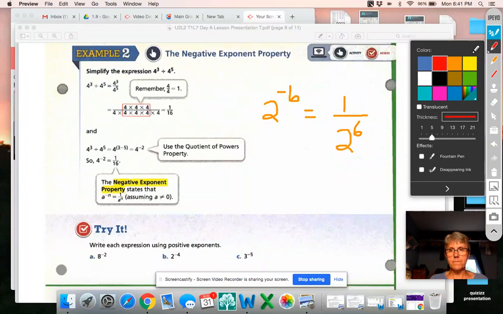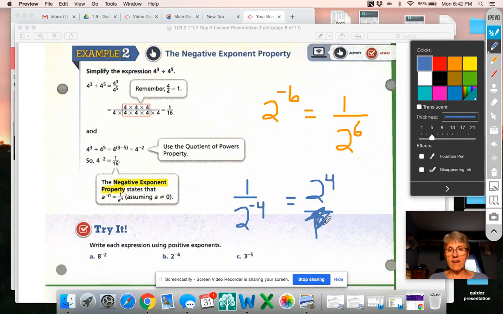Also, if you happen to have 1 over 2 to the negative fourth power, now you have a negative exponent in the denominator. That is the same as moving the base up to the numerator, and the exponent becomes positive, and that's over 1. But of course, we don't have to write that.